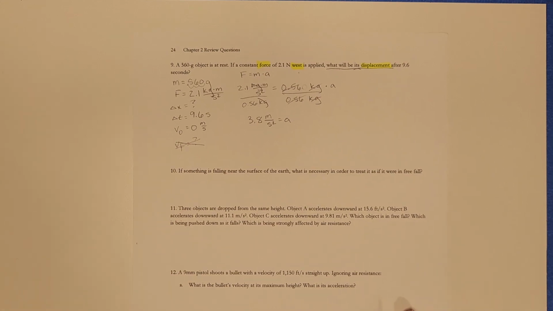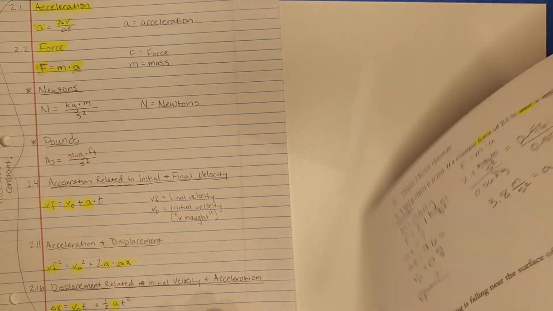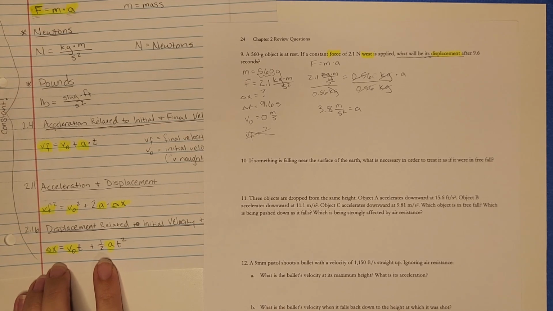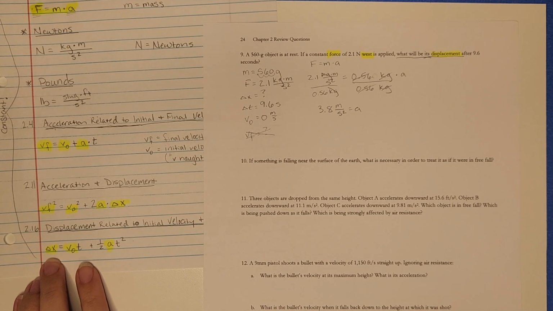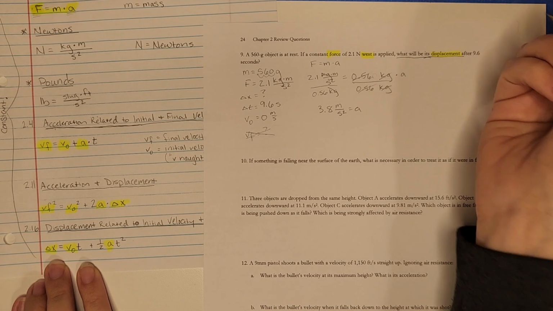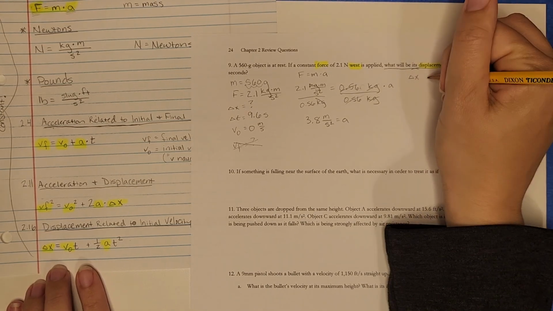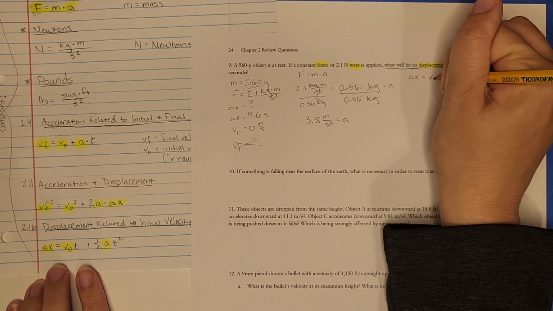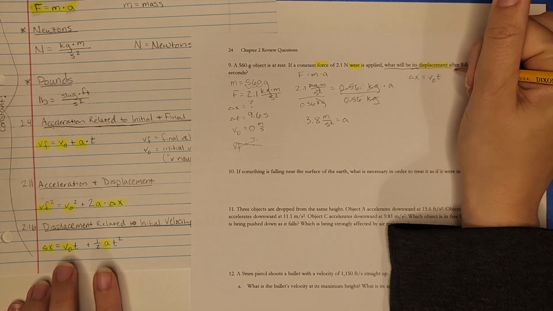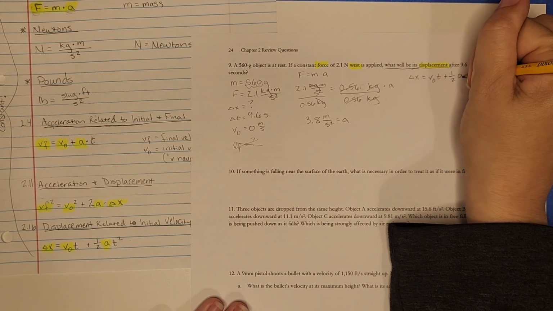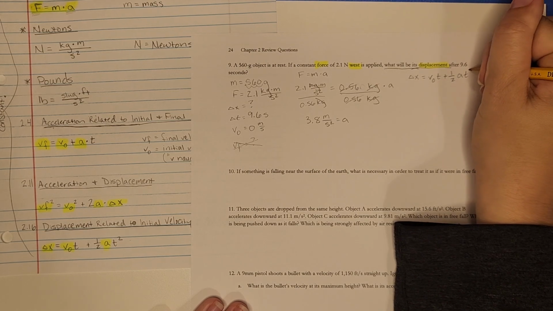So now I can use this other displacement formula to determine what that delta x is going to be. So I'm going to write down the formula here. Delta x equals v naught times time plus 1/2 of the acceleration times time squared.